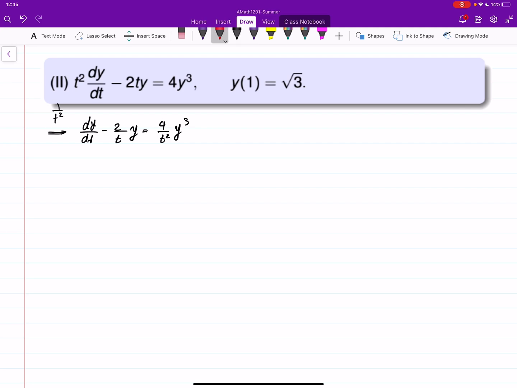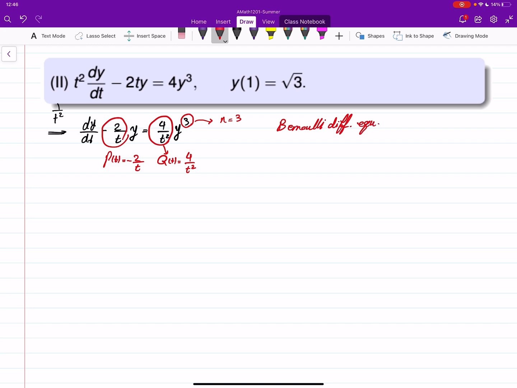And you see the nonlinear term, which is, well, fixing n. This is capital P(t) in this case, because t is my independent variable, and capital Q(t), which is 4 over t squared. So that shows that this is a Bernoulli differential equation.